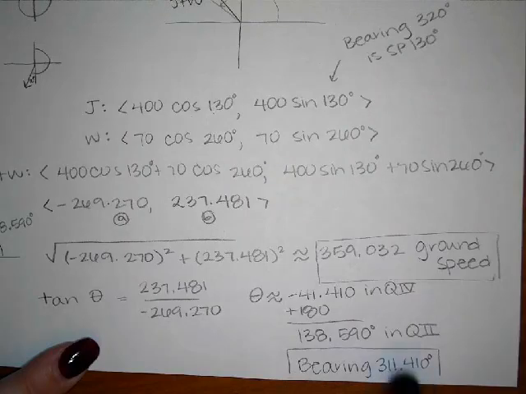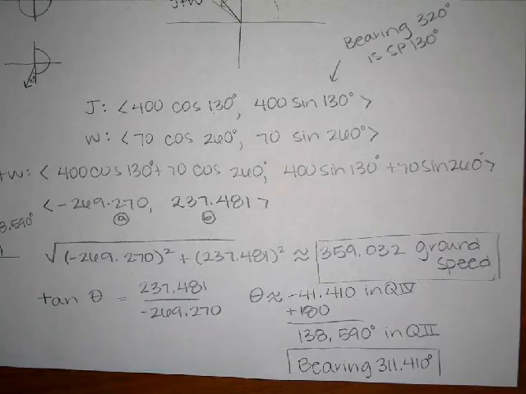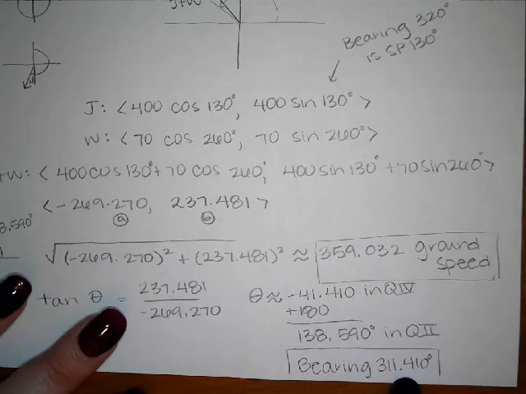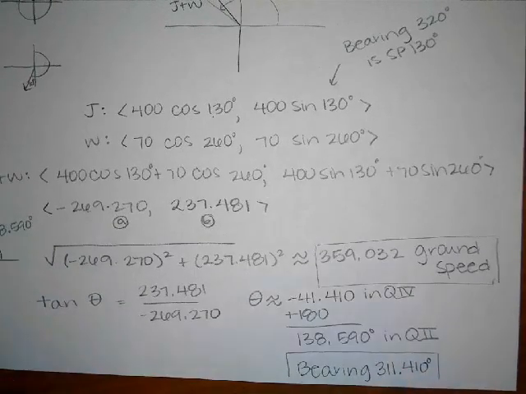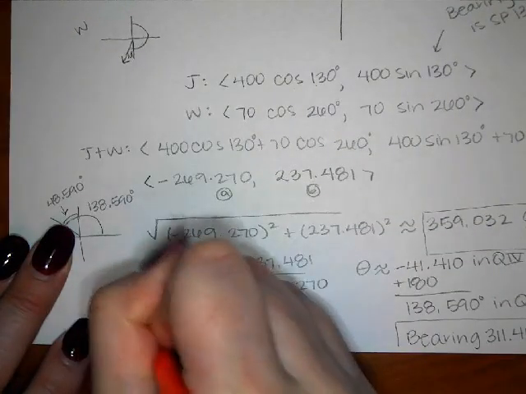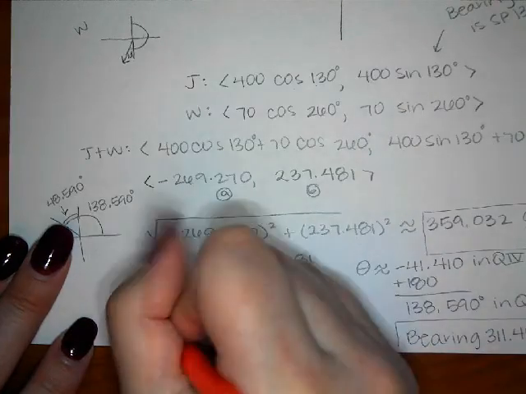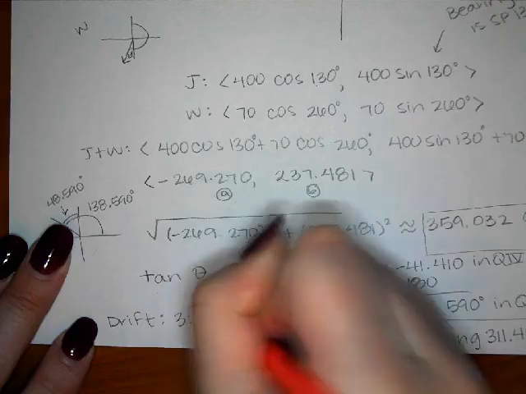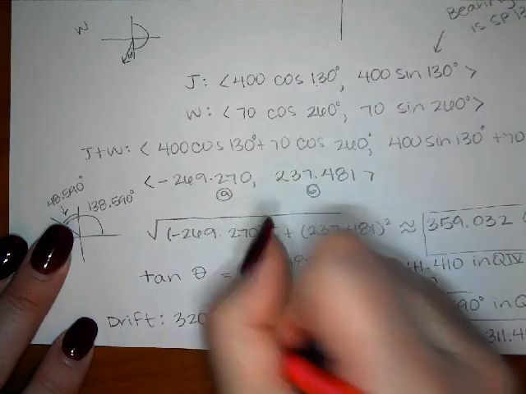So the drift is just where it was supposed to be going, and where it went, and what's the difference between those two. So 320 minus 311.41 is 8.59. So the drift angle is 8.59 degrees of drift.